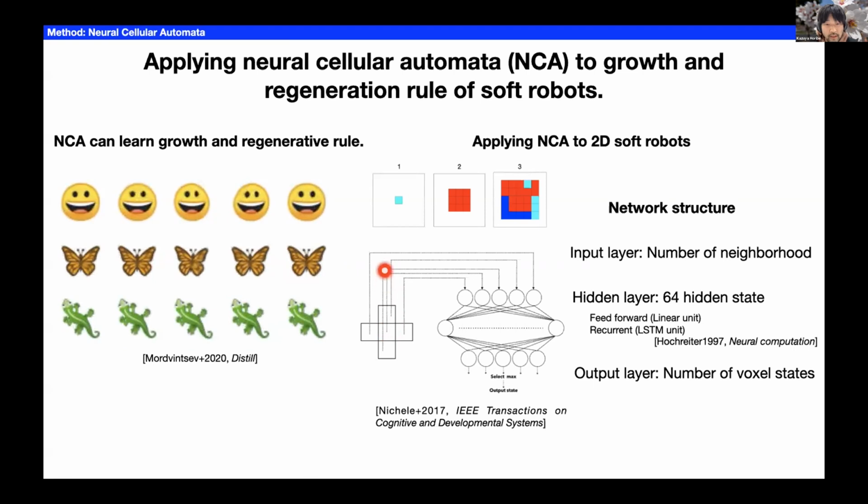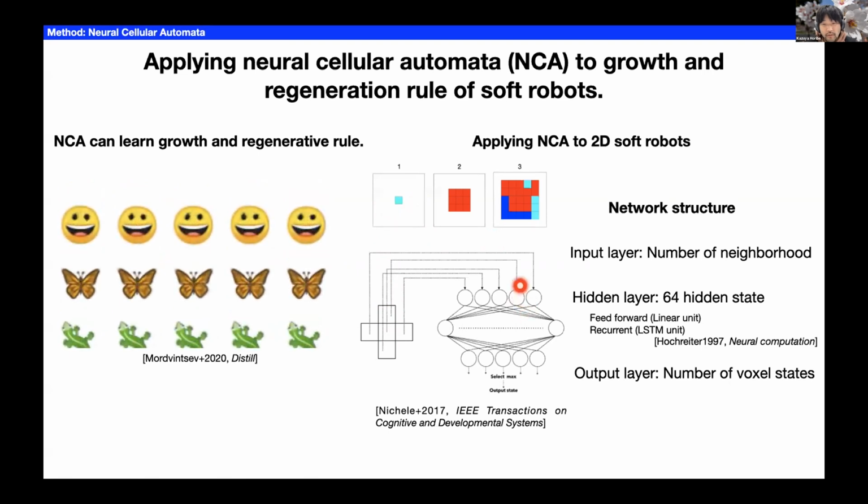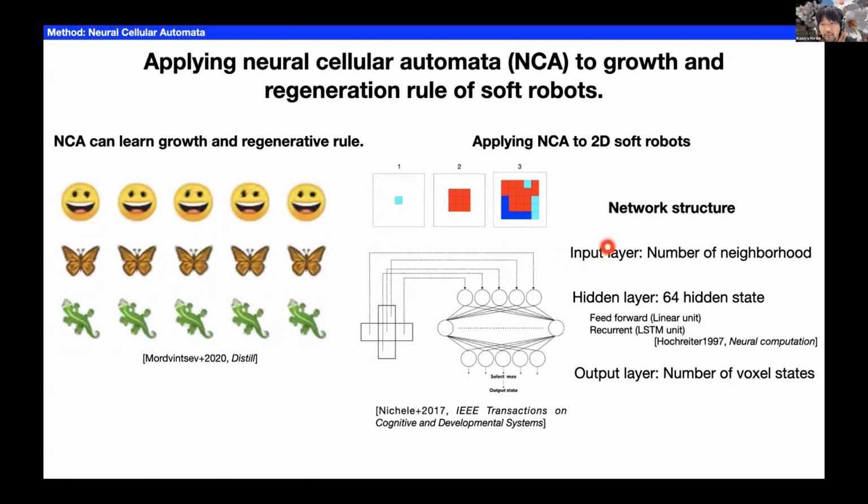For example, like this, we use a 3-layer neural network, and the input layer corresponds to the number of neighborhood cells, like this.